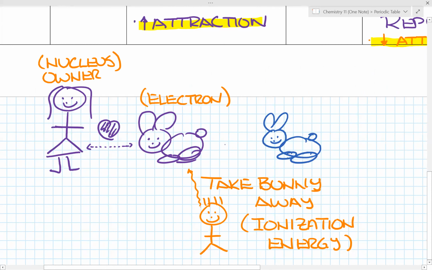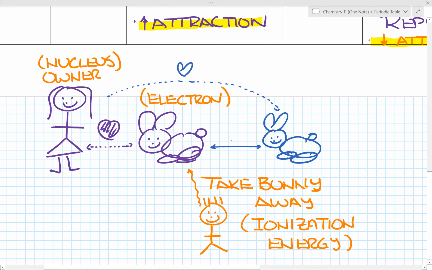Now the owner needs to share the love between the first bunny and the second bunny. That's why there's a decrease in attraction, because the second bunny pulls that attraction away. Now, what about this increased repulsion or shielding effect?